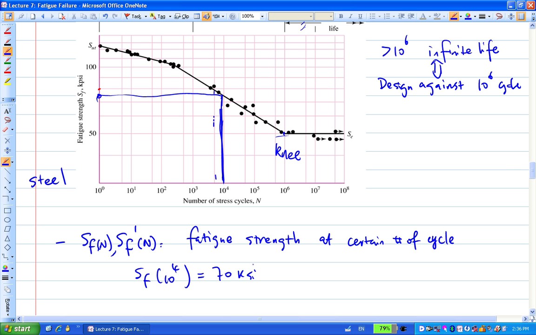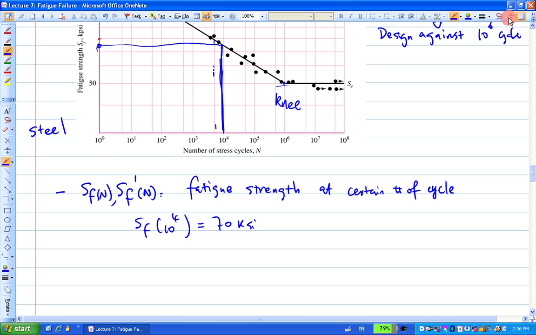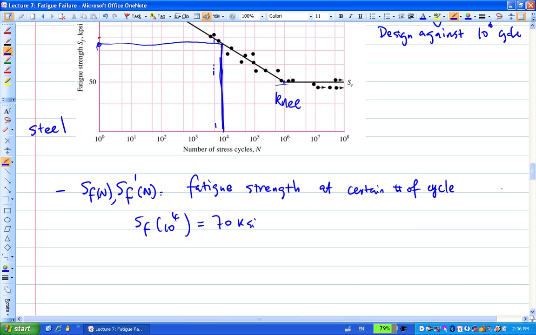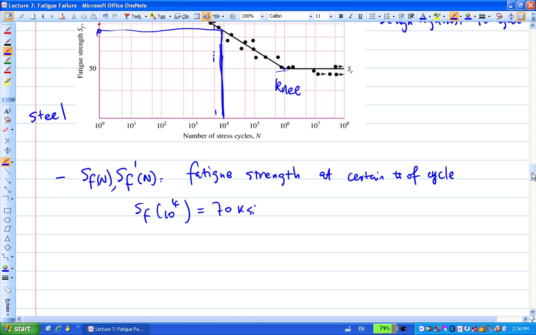Then there comes a very simple design problem. If this is the material and this is the SF at this number of cycles, suppose I'm subjecting the part to cyclic loading of amplitude completely reversed, sigma A equal to 50 KSI.